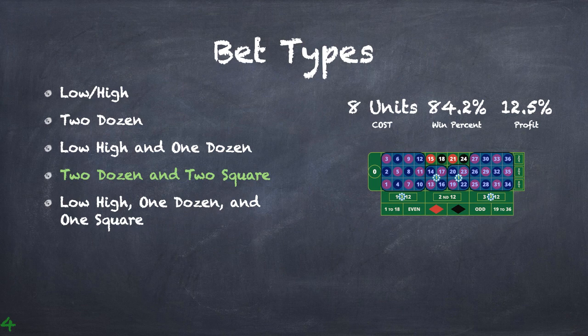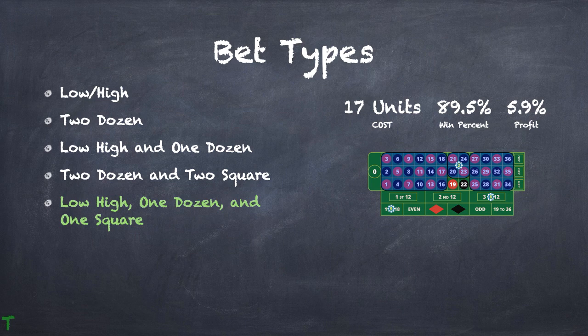Here we place 3 units on 2 of our dozen bets, and then we place 1 unit on 2 square bets. Again, it's very important to make sure we do not have any kind of overlap between our bets, because we're trying to maximize the amount of squares we're covering. This has a total cost of 8 units, has a win percent of 84.2 and a profit of 12.5%.